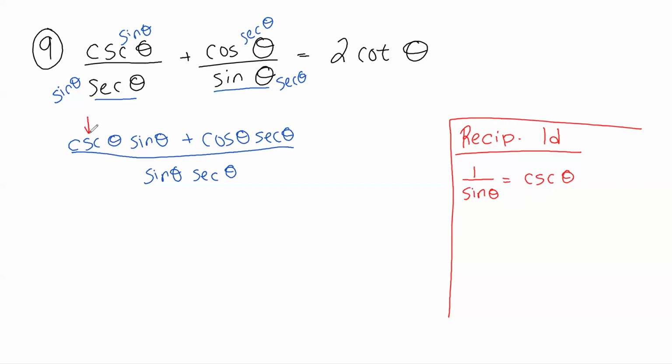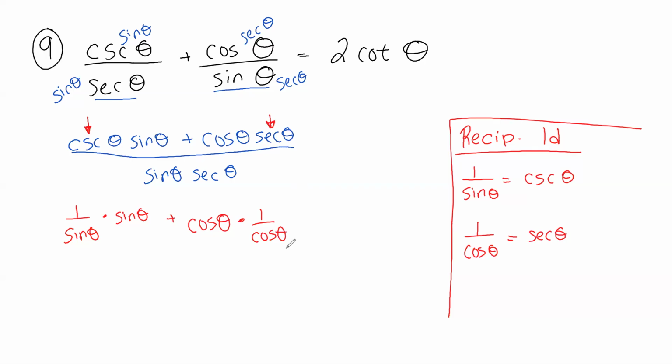So this cosecant right here on our top left of our equation, we're going to change that to 1 over sine, and then we still have sine, plus we have cosine, and then we also know, back to your cheat sheet if needed, we know that 1 over cos is secant. So this secant right here in the top right of our equation, we are changing to 1 over cosine. And then let's just leave the bottom alone.